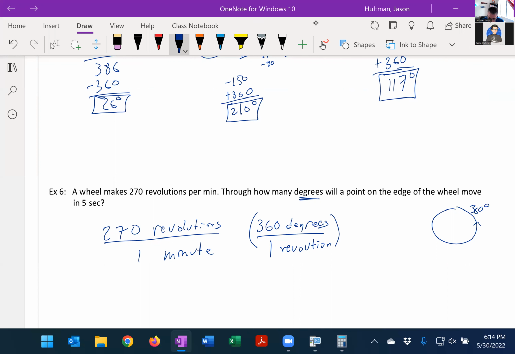So 270 revolutions in 1 minute. Now I'm going to multiply to deal with the revolutions to get it to degrees. That's 360 degrees in one revolution. And now I have to deal with the minutes. I want to make that into seconds, right? 60 seconds is 1 minute, right? And so I want to cancel the minutes.